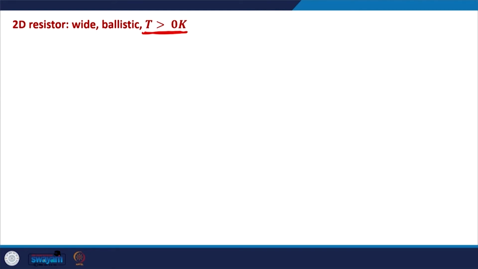Because of this, we can no longer make this assumption. We cannot approximate the Fermi window by a delta function, because this is only possible at 0 Kelvin.